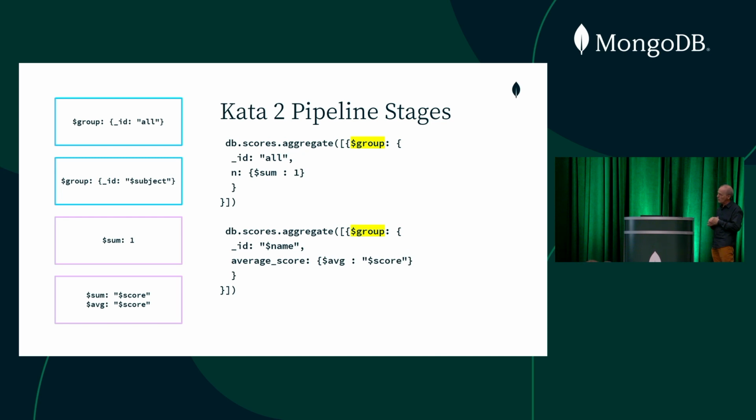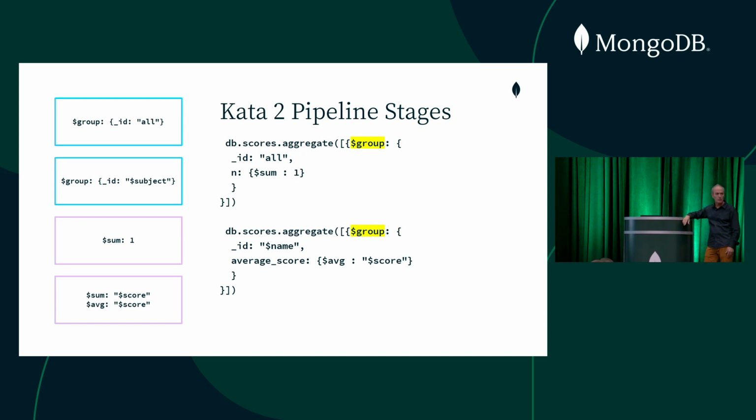As it turns out, Mongo doesn't have a count operator at this level. There is a $count pipeline operator, but it doesn't do what you think it does. So the way to count how many items in a group, let's say you want to do how many people live in each city, you do a sum of one. Sum of one means add up a one for each one you see.